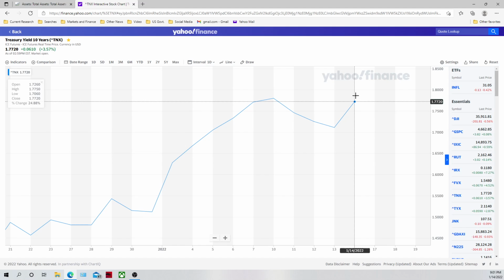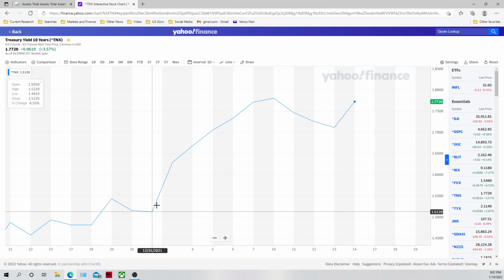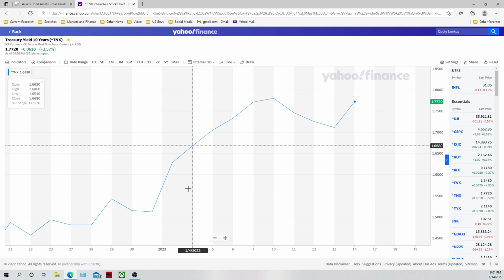If you look at the rate of change here, we're talking between 1231 and 13. You go from 151 to 162, 10 basis points. The next day, 4 basis points.